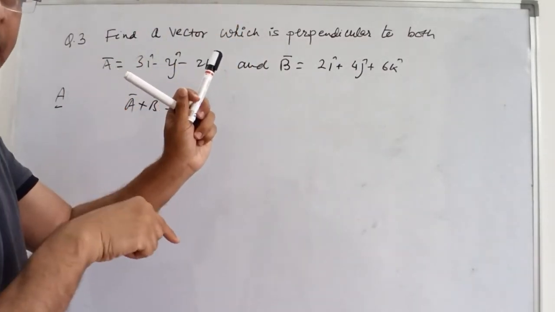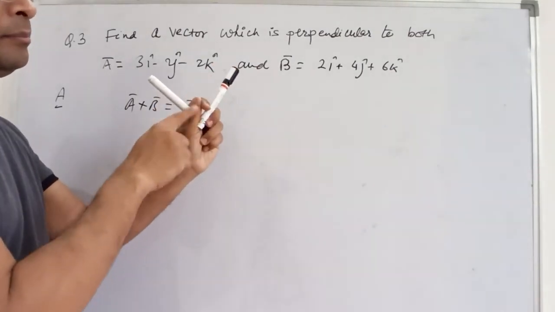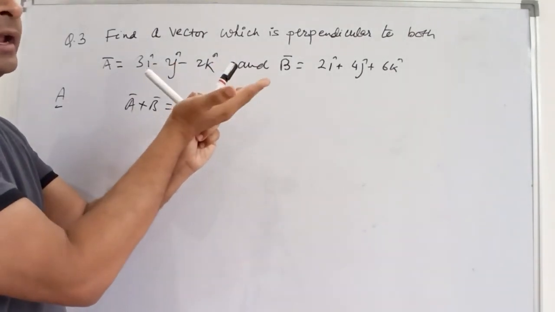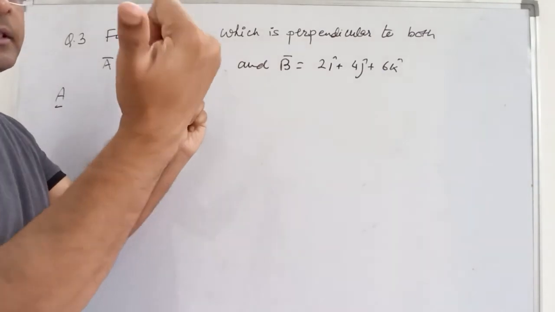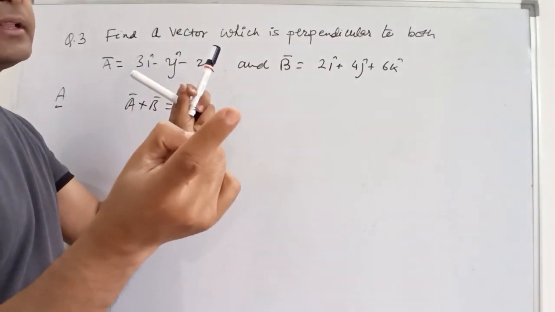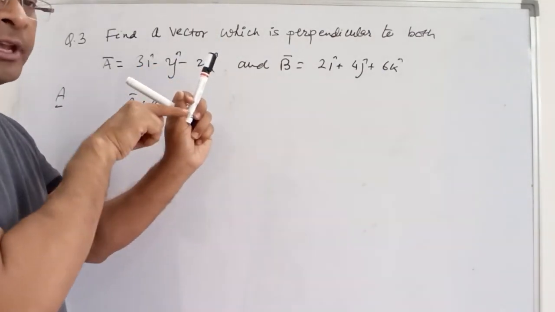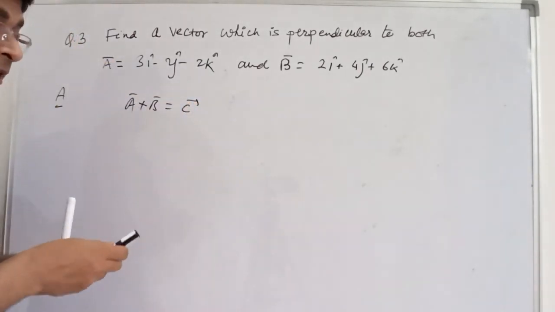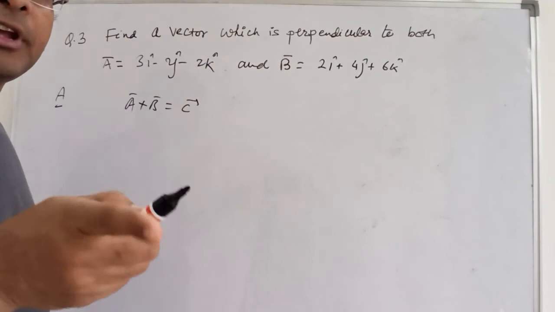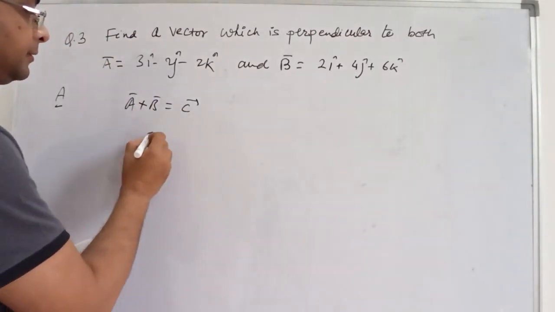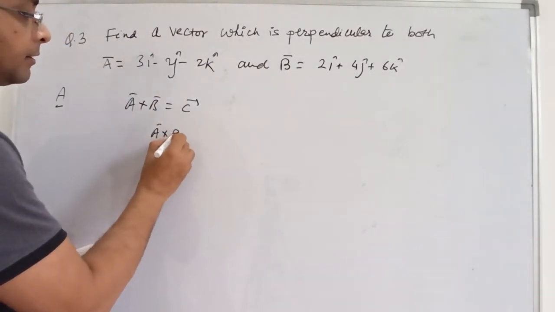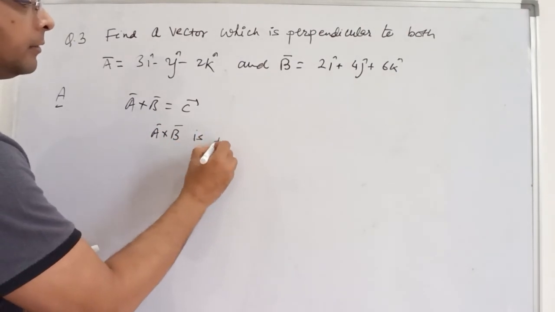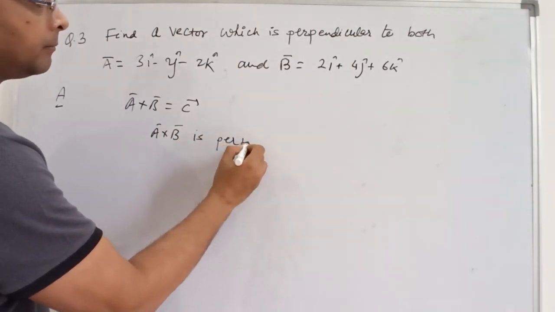Mind it, I am repeating it again. A vector, B vector. Just bend A vector towards B vector like this. The thumb is towards you. That means the A cross B vector is towards you. That means A cross B is perpendicular to each of A vector and B vector.